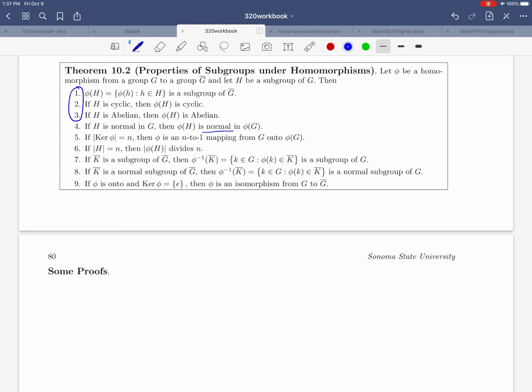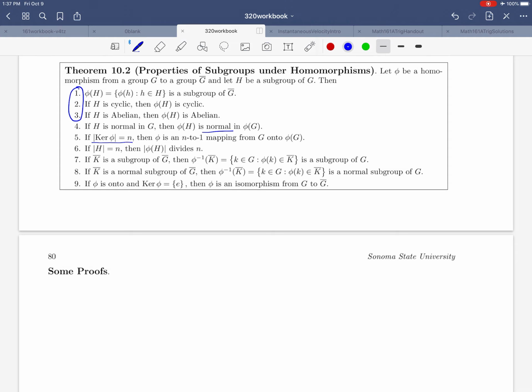Now, if the kernel of phi has order n, then phi is an n-to-1 mapping from G onto phi of G. So we saw that in the previous two examples, where every element that was in the same coset of the kernel mapped to the same element in G bar.